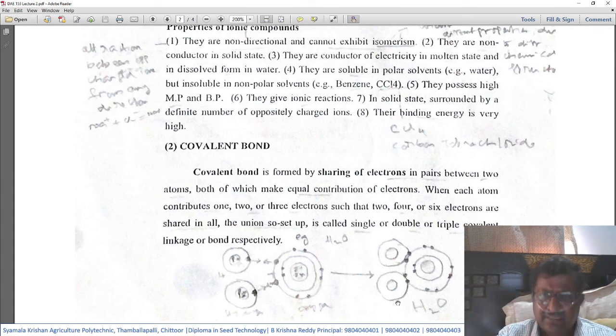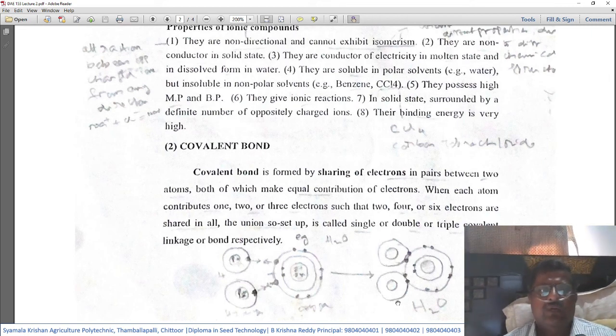So by sharing, this has become 2, 2, this also 2, 4, 6, 8. This forms an octet. This means oxygen has become an octet, and the two electrons in the innermost orbit are not our concern.